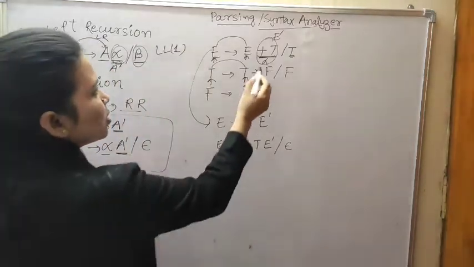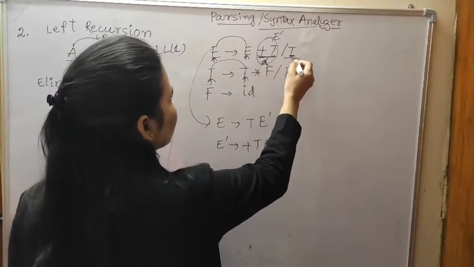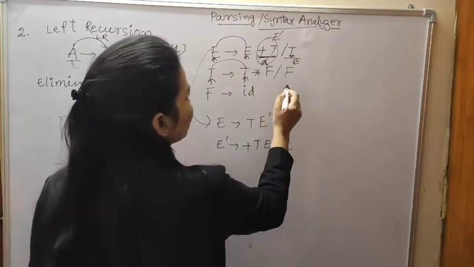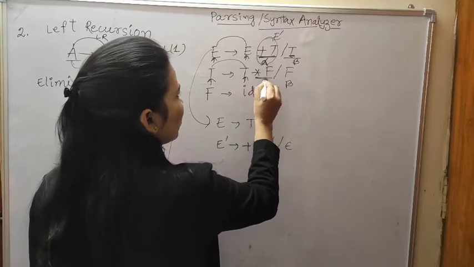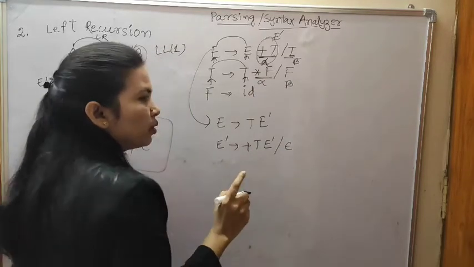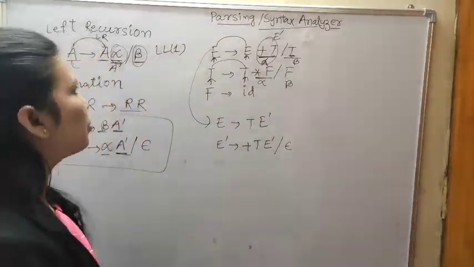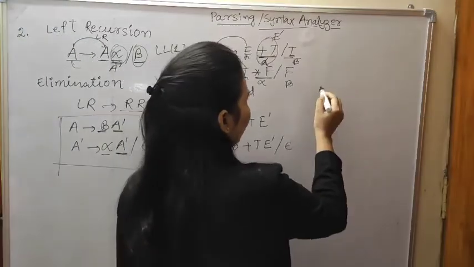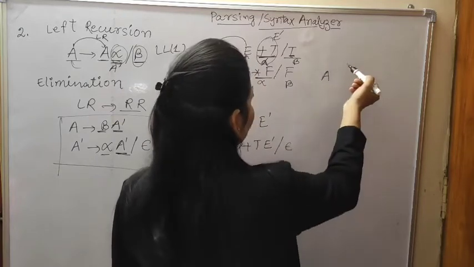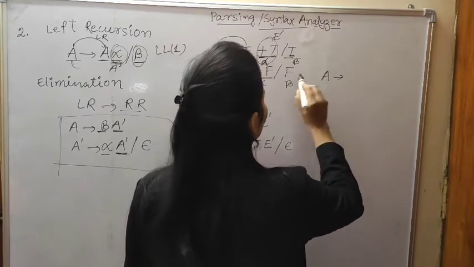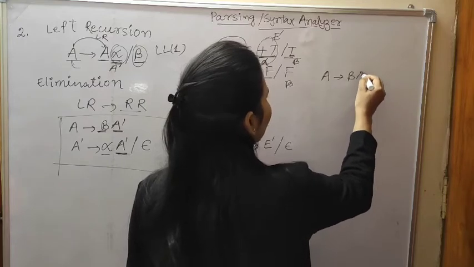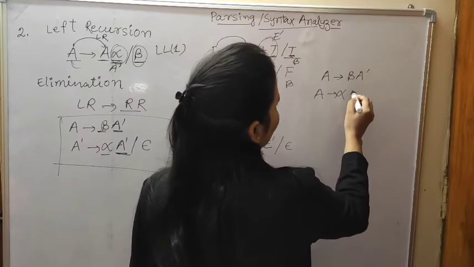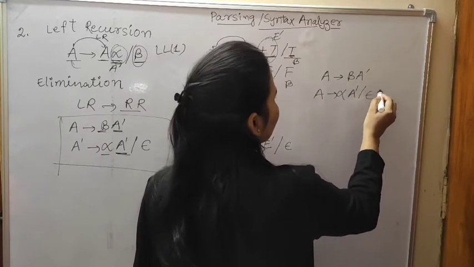So plus T is alpha and this is called beta. Always remember that the second part is called beta and this part is called alpha. So whenever you want to convert a left recursive grammar into a right recursive one, always remember: A to beta A dash, and this A dash to alpha A dash or epsilon.